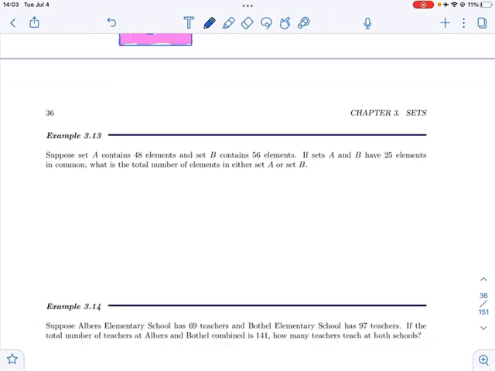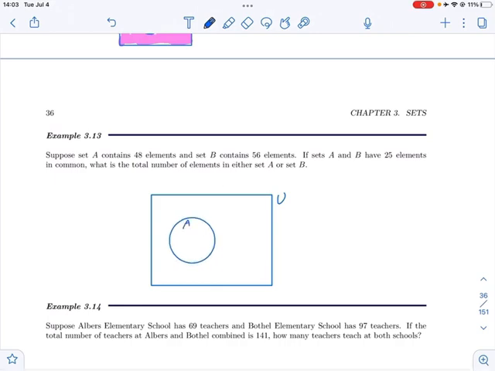Now let's take another example. Suppose set A contains 48 elements, set B 56. So let's draw the Venn diagram. This is the universal set, and we have set A and set B. I can write A inside the set or above the set, near the set.